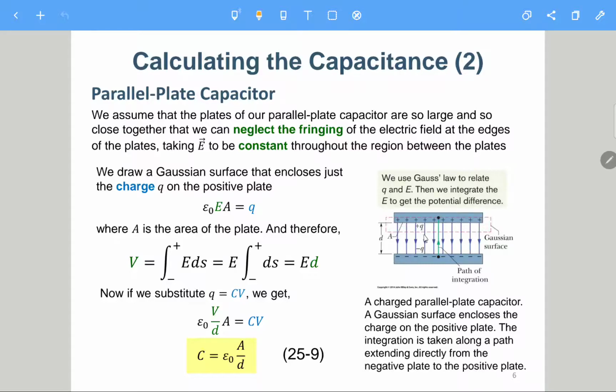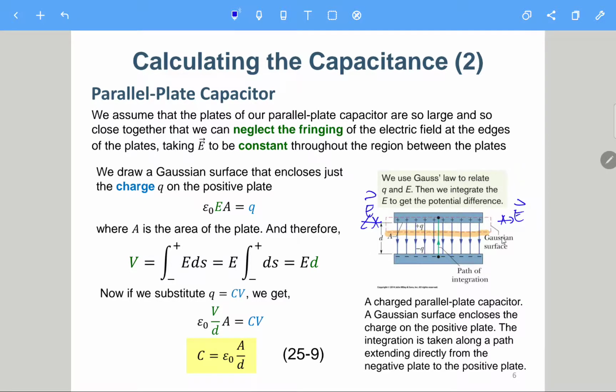For the other three sides of the Gaussian surface, there will be no contribution, because there is no E field in the plate, in the conductor, and no E field in this direction. So those two sides will not contribute to E dot dA either.